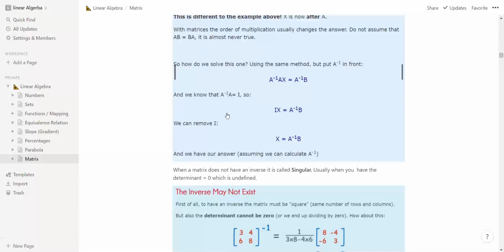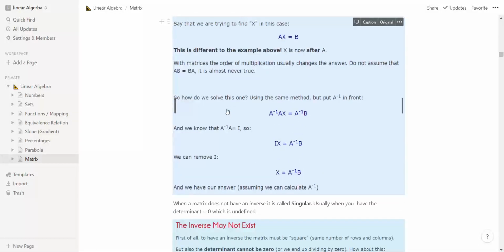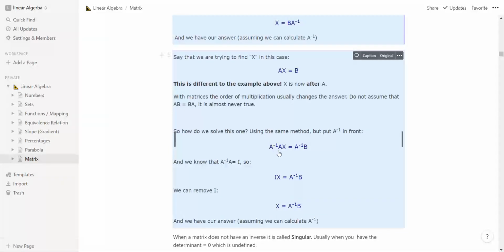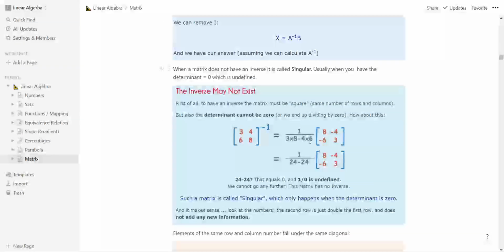The order has to be kept: if the a is to the left, then you multiply a inverse on the left hand side. If it's to the right, then it has to be on the right hand side.